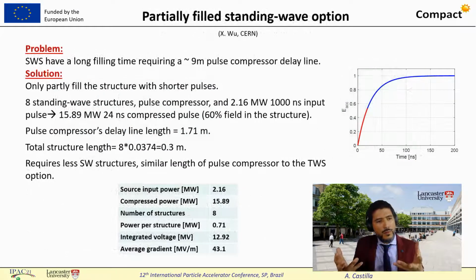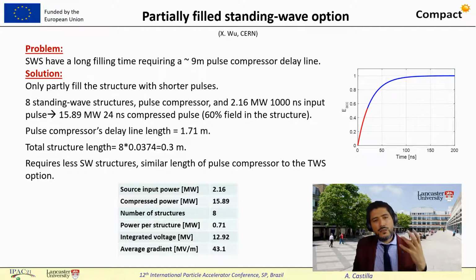So our main problem here is the long filling time, the 121 nanosecond pulse required to fill 100% the field in these standing wave structures, that will also require a 9-meter long delay line for the SLED pulse compressor. And a clever way to overcome this is to have different structures and fill them only partially.